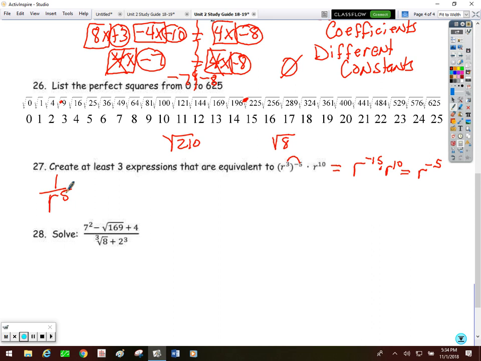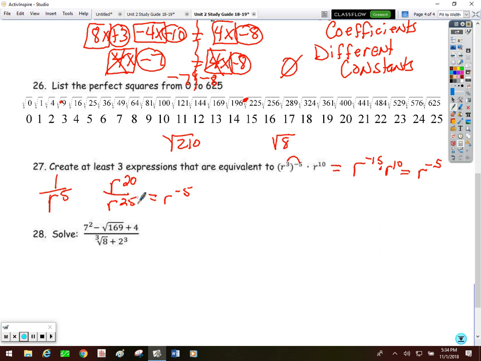All right. But if I want to do another expression, what if we do a division problem? If I'm dividing same base coefficients, well, remember, if I'm dividing, we're going to take our numerator exponent minus our denominator exponent. And if it's to be a negative, that means my bottom number has to be bigger. So let's just say, what if I do something like r to the 20th power? Well, I want it to be negative 5. Well, 20 minus what gives me negative 5?